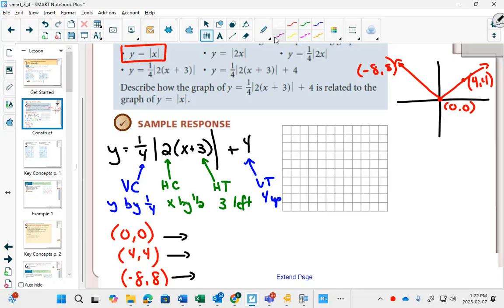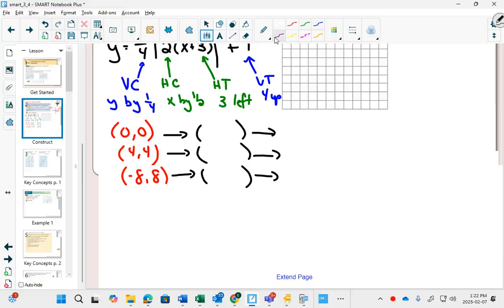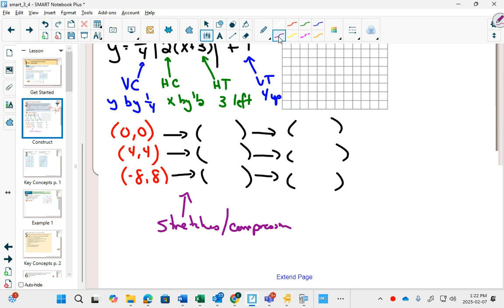And we've done this before, but this time, when we have so many, we are always going to do all of our stretches, compressions and reflections first. And we're going to do all of our translations second.